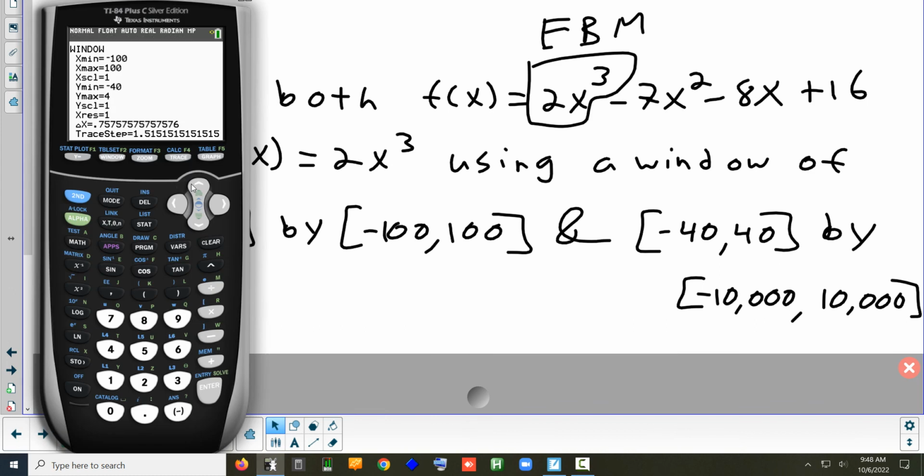I messed that up. -40 to 40 and -10,000 to 10,000. Now this is zoomed pretty far out. If we found the right EBM, it should look like it's almost exactly on top of the original. It should look really close.